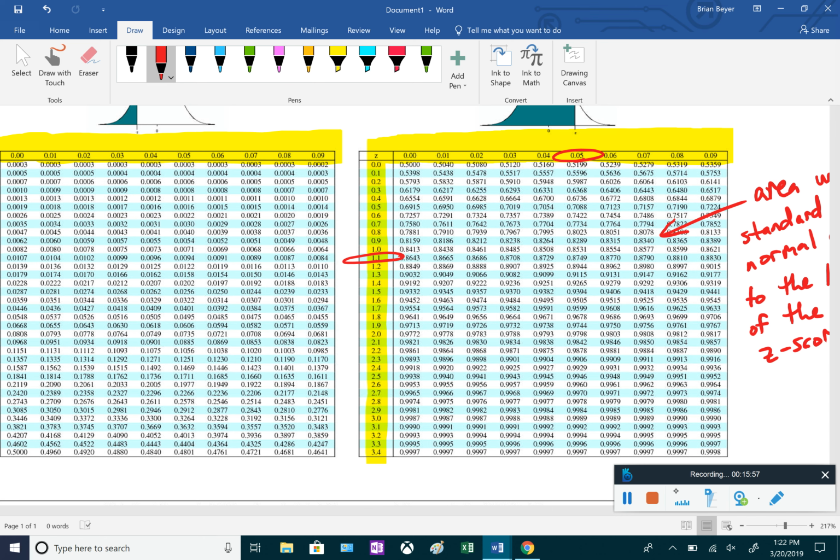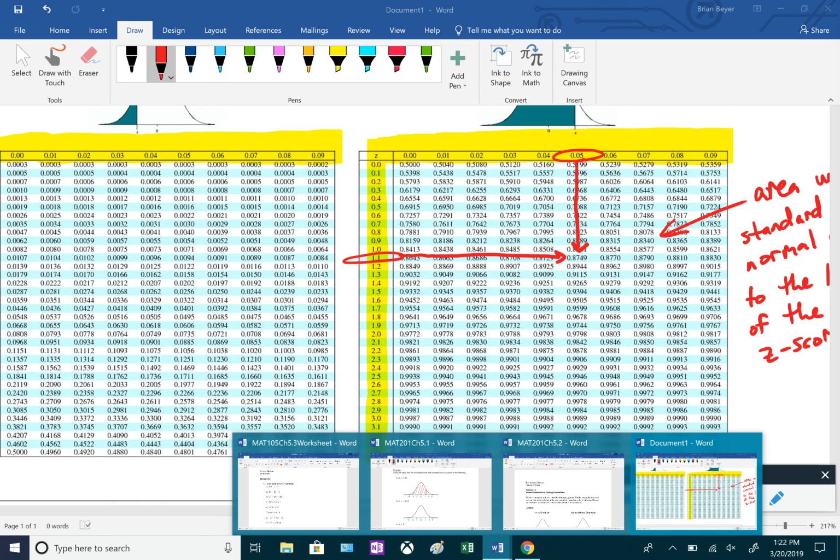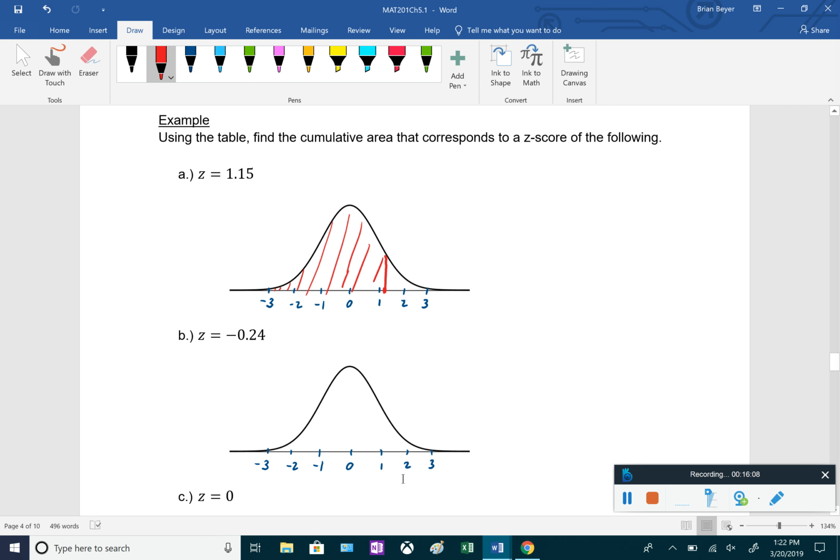We have to see where they meet, which is right down here. That is an area of 0.8749, which makes sense because the total area under the curve is 1. That looks like it should be about 0.8 to 0.9.